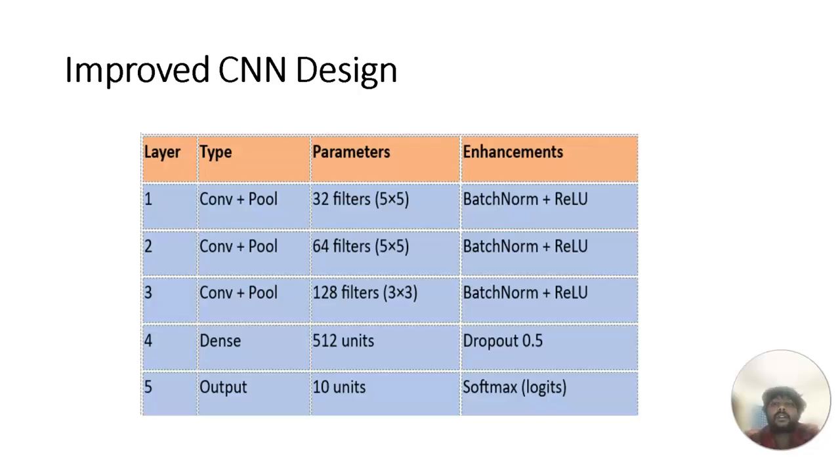After all this, the CNN builds hierarchical features, from simple edges in the first layer to more abstract patterns in the later layers.